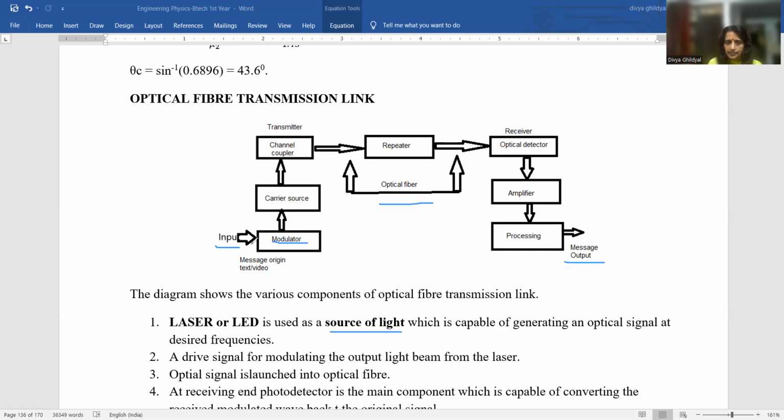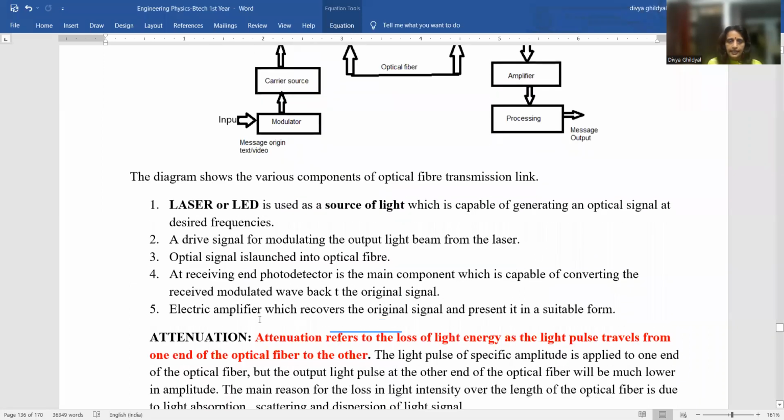I will modulate this input frequency, then via carrier source and transmitter, this goes inside my optical fiber setup. Here at the receiving end, once it is out, we have a photo detector. This is the component capable of converting this light which is falling on it into my required or desired electric signal. An electric amplifier is then used which processes the signal and output is obtained.